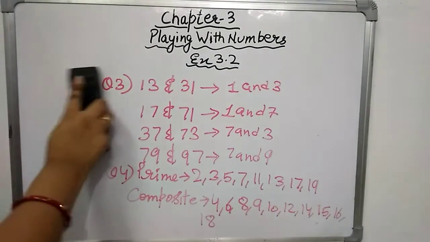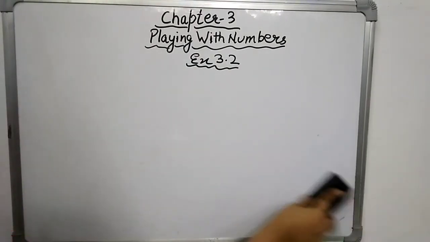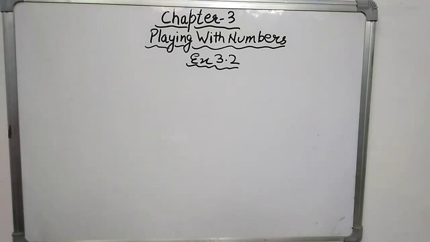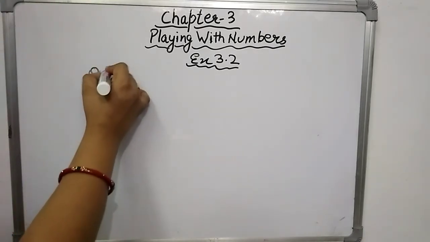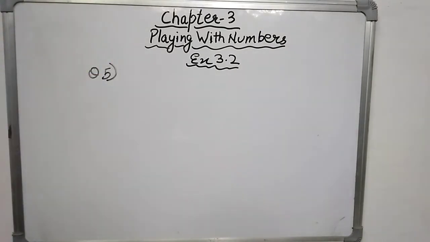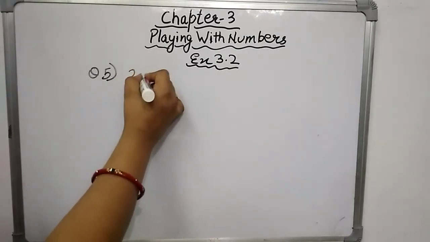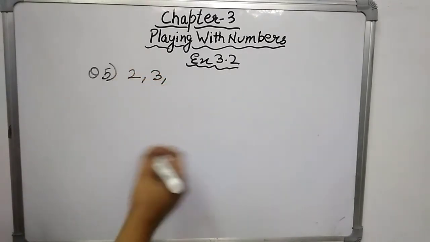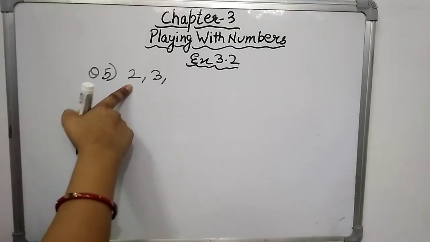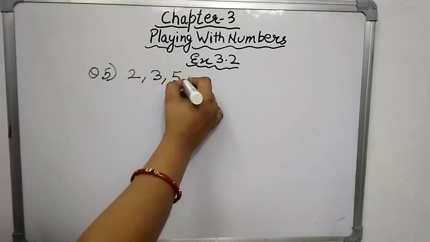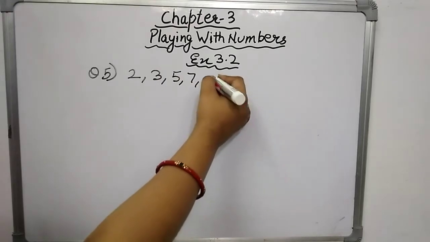Moving on to the next question. Question number 5. What is the greatest prime number between 1 and 10? So firstly, let's write down all the prime numbers between 1 and 10. Between 1 and 10, prime numbers are 2, 3, 5, 7.